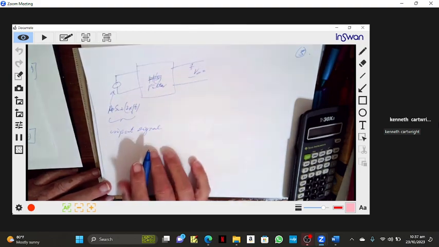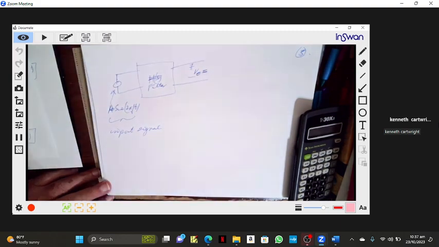And what's VR going to be? You put a sine wave in, what do you get on the output?